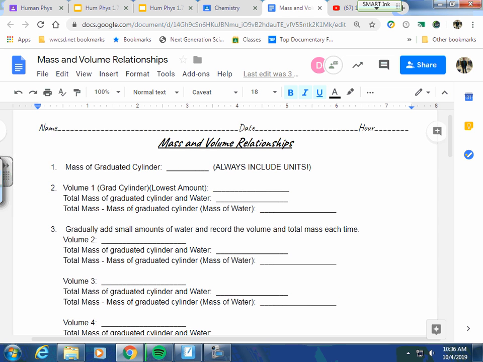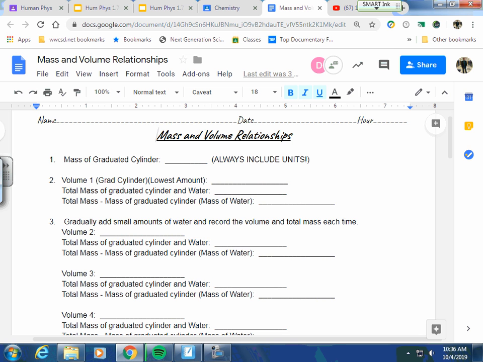So on here, what are we graphing first of all? Okay, so I want you to graph the mass of water versus the volume of water. So what two numbers are these? Just to clarify, first of all, if we're dealing with the graduated cylinder and we looked at the volume in the graduated cylinder, we wrote that down, okay? We wrote down some number of milliliters.